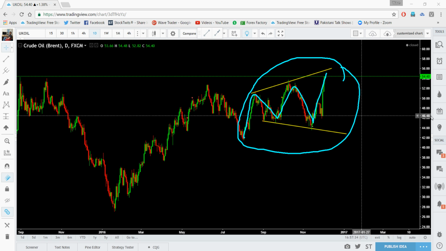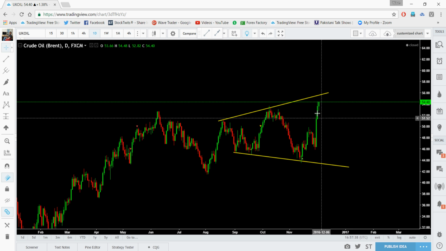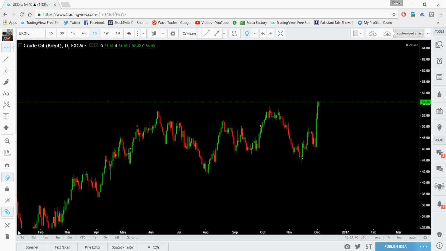Some MACD traders were looking like this, counting something like A B C, A B C, A B and C. Basically they are not looking at this specific part of the pattern or what kind of pattern this is. They are just looking at their indicator.